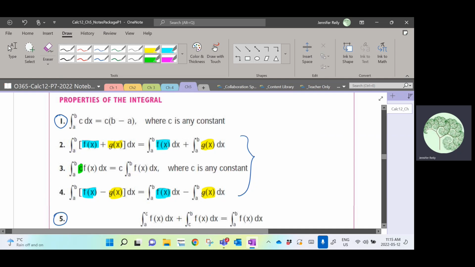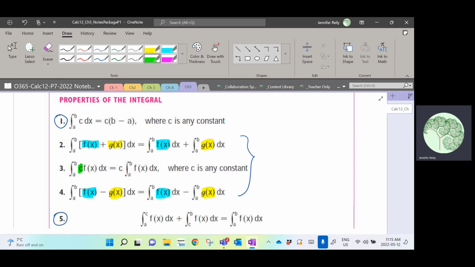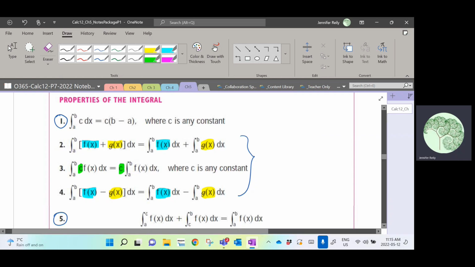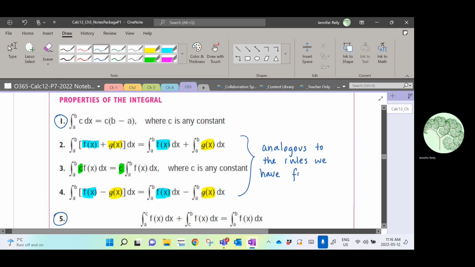If you have a constant times a function, so any number could be a variable or a constant like a letter, or it could be an actual number, you can simply remove it and just multiply it to the answer, just like we did for derivatives. So I'm going to put here, these are all analogous to the rules we have for derivatives.